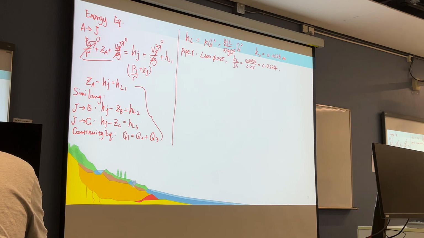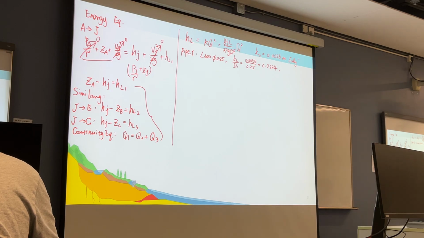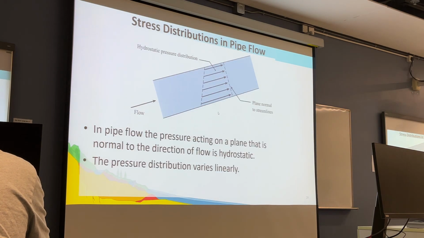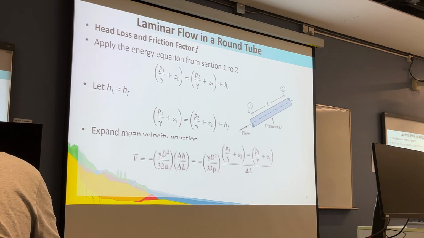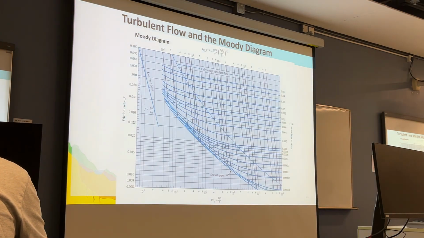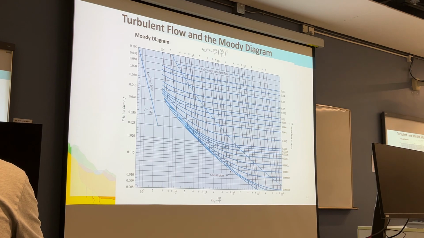Then, because it's fully turbulent flow, you will know what that means. Now in the Moody diagram, if you still remember, if the flow is fully turbulent, that means we don't need to determine the Reynolds number.